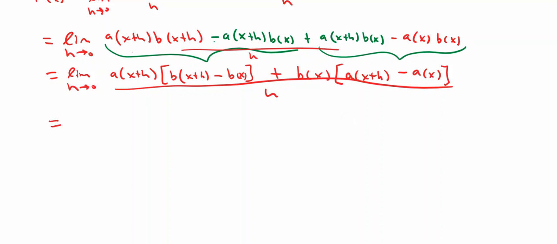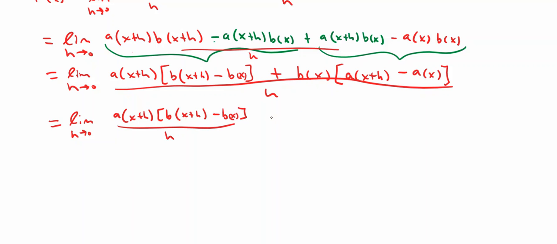Now what we're going to do is we are going to split this up where right now it's everything over h, but that really is the same thing as this term over h and this term over h. So let's write it that way. We'll write it as the limit as h approaches 0 of a of x plus h times b of x plus h minus b of x over h, plus, and now we can take the limits individually too, right?